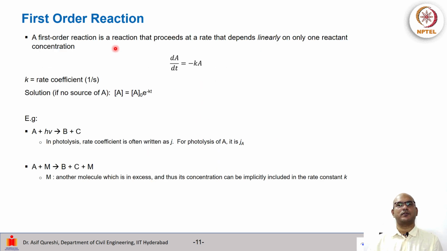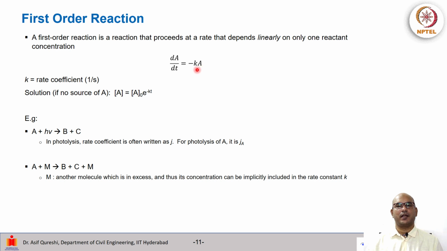Then we have the first order reaction. Now, a first order reaction proceeds at a rate that depends linearly on only one reactant concentration. So, even if you have A plus B gives C or whatever, the rate of reaction, which is basically our dA by dt, is proportional to A to the power 1.